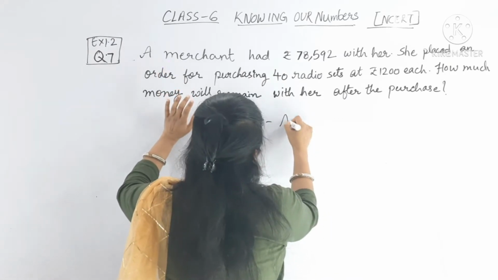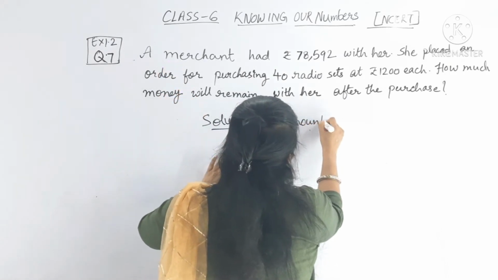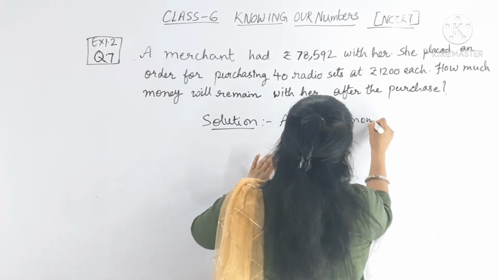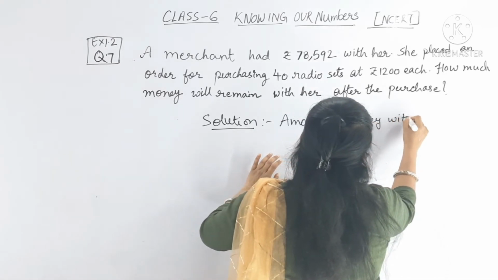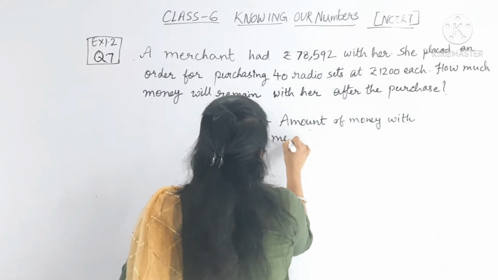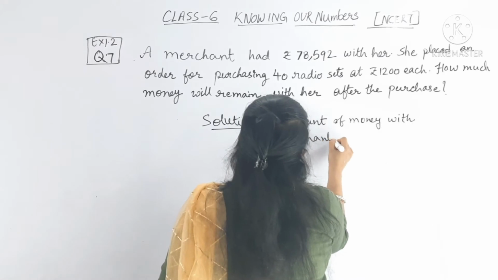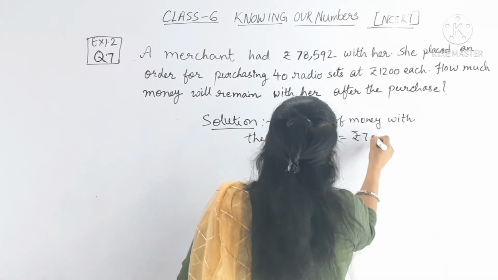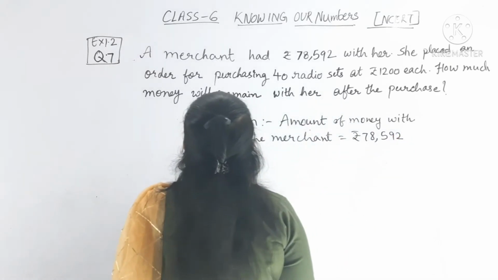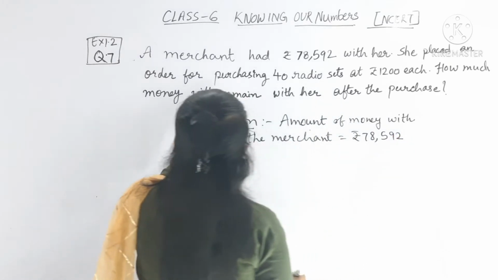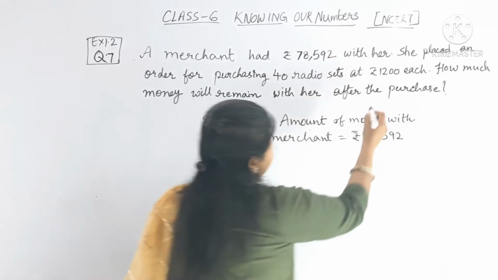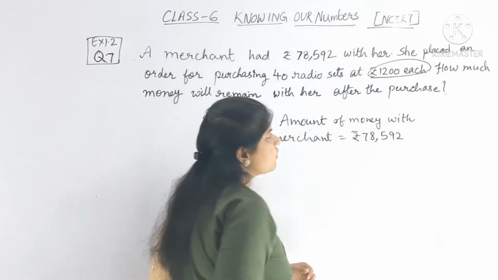What is given? Amount of money with the merchant is equal to rupees 78,592. Then she placed an order for purchasing 40 radio sets at rupees 1200 each. Here rupees 1200 each means what is given?